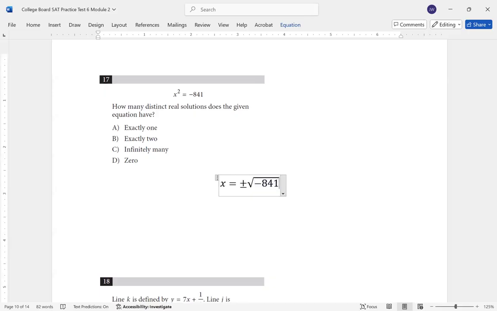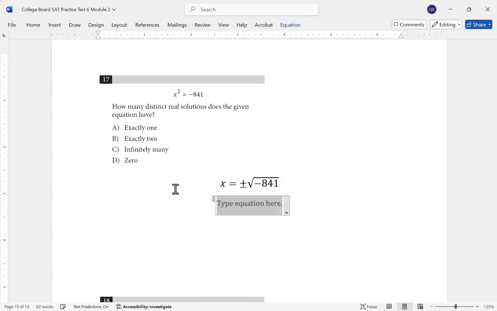And if we know things about imaginary numbers and complex numbers, we know that whenever we take a square root of a negative number, we get out an imaginary value. So the imaginary number, i, multiplied times the square root of 841.